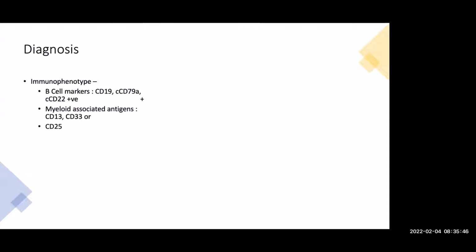So the diagnostic test which would help us identify whether a particular patient is having pH positive ALL, the first one being the flow cytometry.